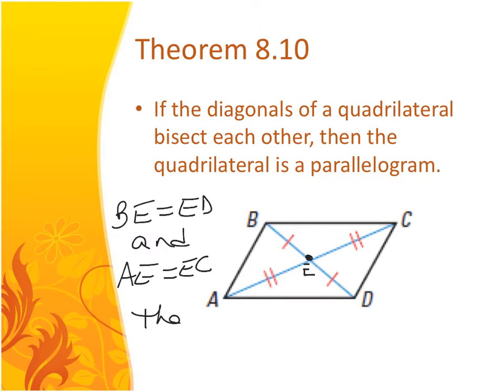Okay, then ABCD is a parallelogram. So that's basically what it's saying. So if the diagonals bisect each other, making two equal pieces, then the quadrilateral is a parallelogram.